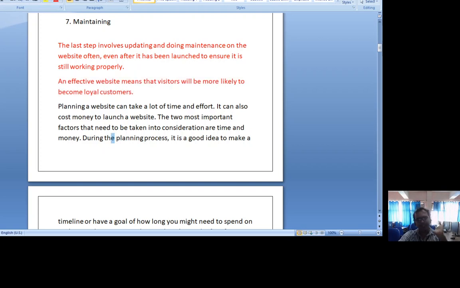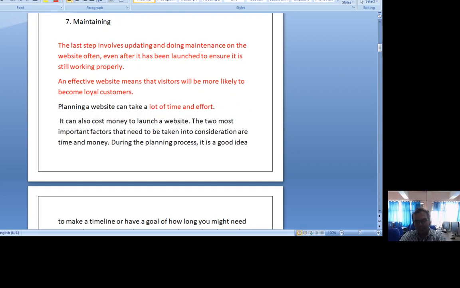Now, planning a website takes a lot of time and effort. Lots of time and effort. It can also cost money to launch a website. So, time and effort, and we are improvising the cost money as well.